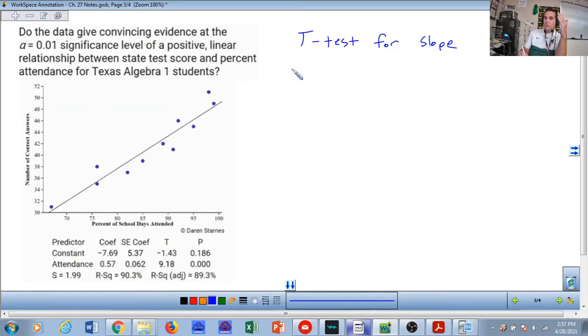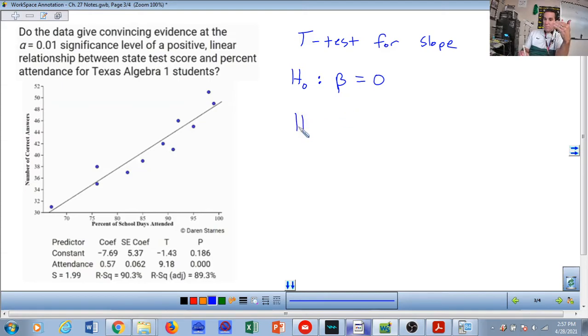So the null hypothesis will always be that the true slope of the population, which is the symbol we use, capital beta, equals 0. The null hypothesis is always that there basically is no slope, that it's a horizontal relationship, which means there's no relationship at all. That's what we're trying to disprove, right? We assume that's true. We're trying to prove that's not true.